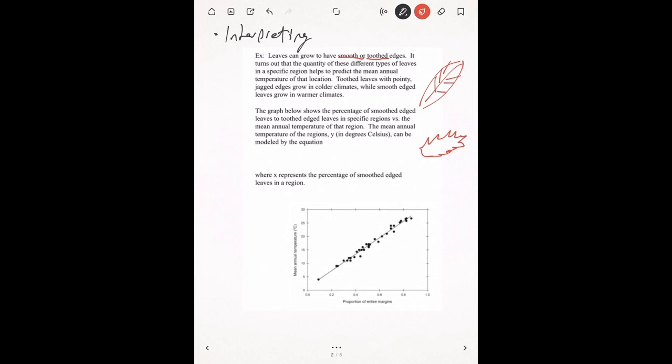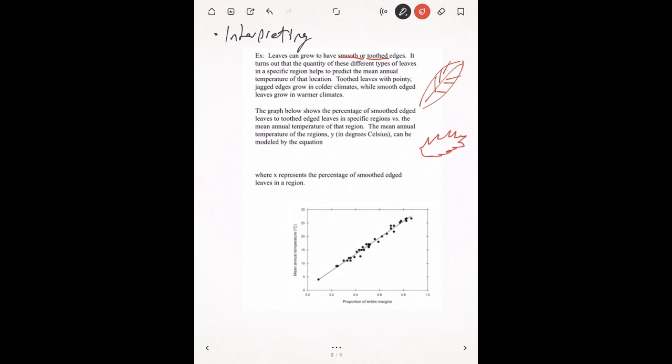What the study found was that there is a correlation, a relationship, between the average annual temperature of an area and how many smooth leaves there are.